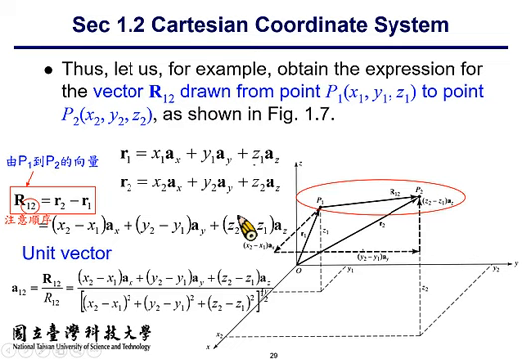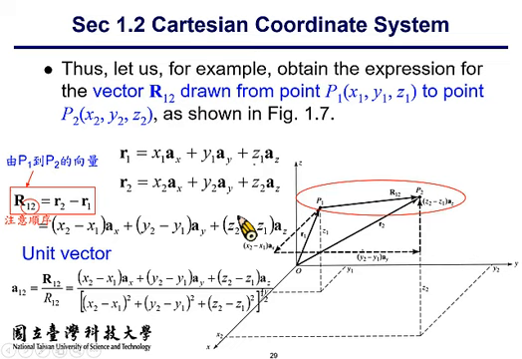R2 starts from O, the origin of the Cartesian coordinate system, and ends at point 2. R1 is this vector from O to P1. Then R12, as the figure shows, is a vector starting from P1 to P2, and can be expressed as R2 minus R1.